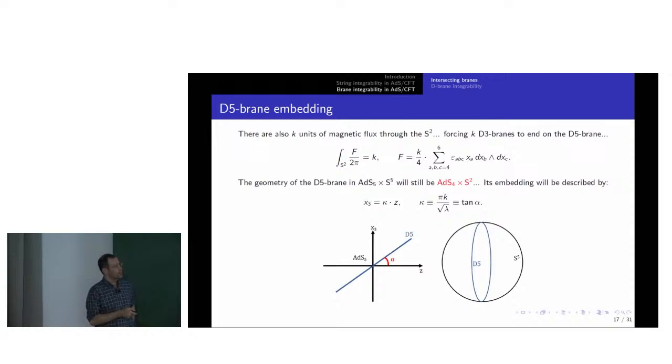And on the S5 part, we have a D5 brane, which is a stable two-sphere. This sphere can sometimes be unstable towards flipping off the sides of the sphere, but this has been proven to be very stable in the presence or in the absence of flux.